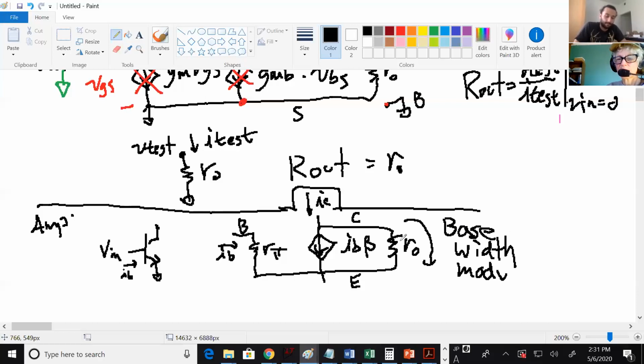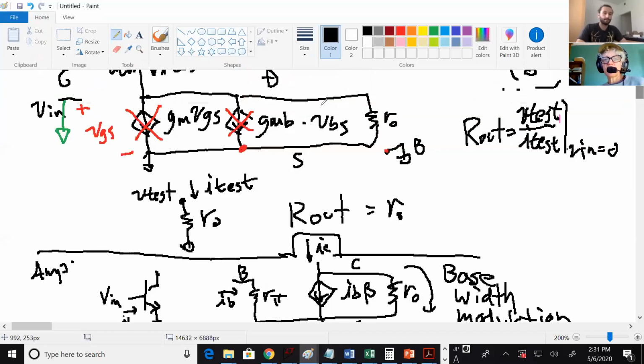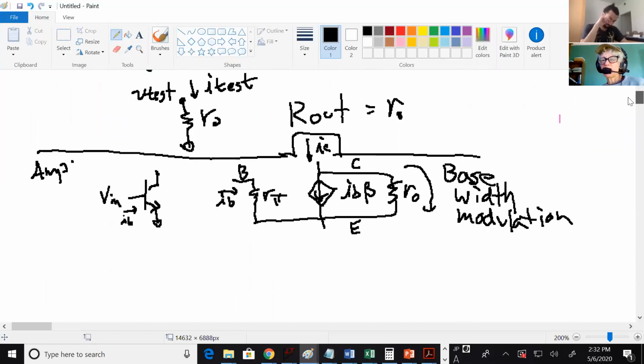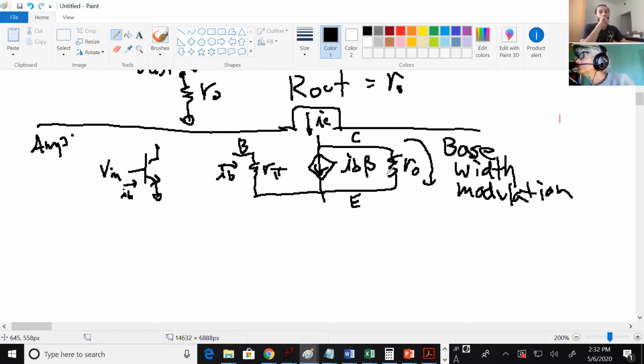This branch right here represents how much the current changes when you change VCE. Okay, so this is an alternate model. I'll look for you to use the model that uses gm instead for this class, but you can do the exact same math using this model.